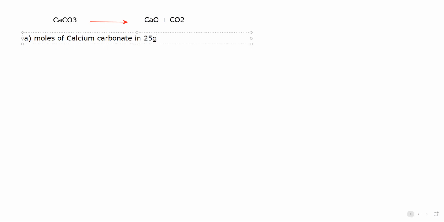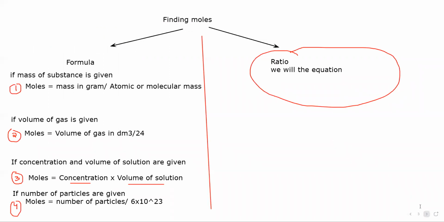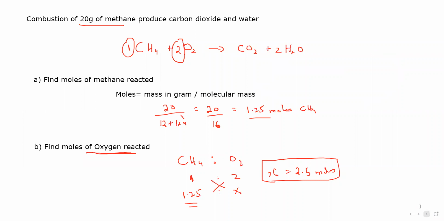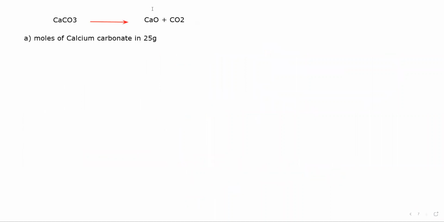If we know the mass of a substance, we can find the moles. The formula is moles equal mass in gram divided by molecular mass. So mass in gram, it's 25. Now what about the molecular mass? You have to use a periodic table for that.